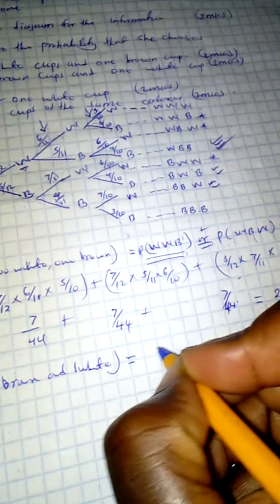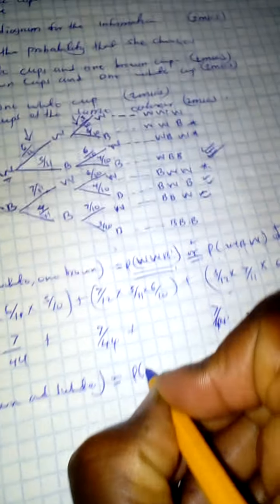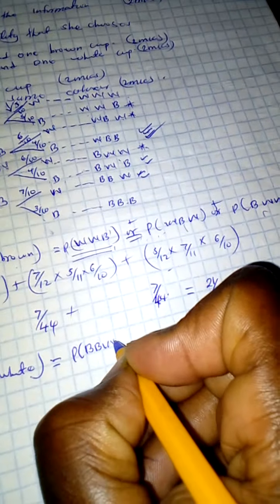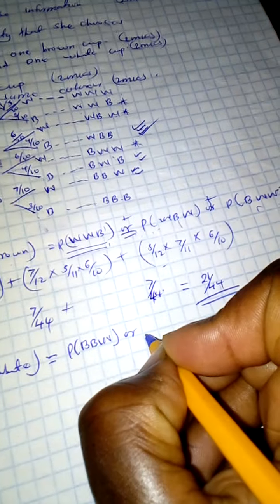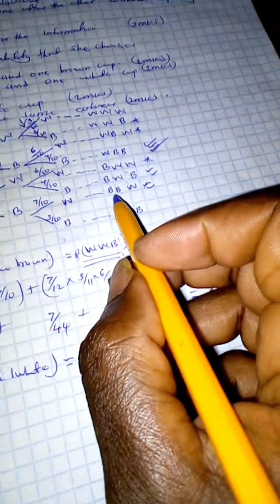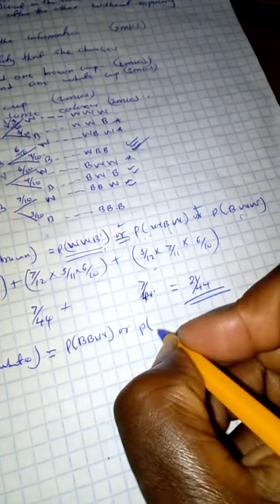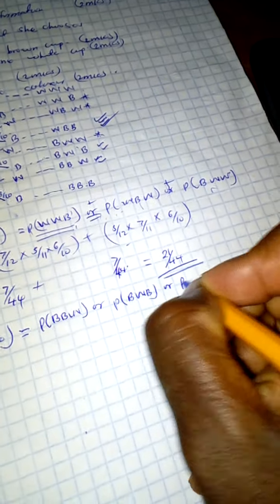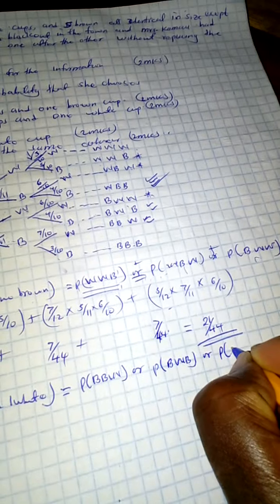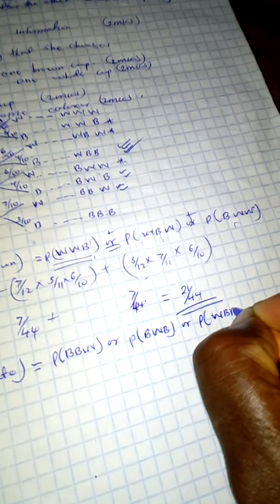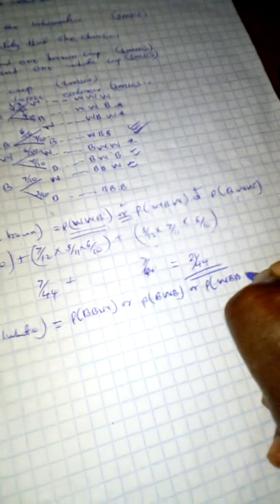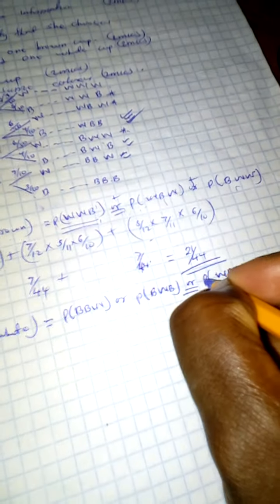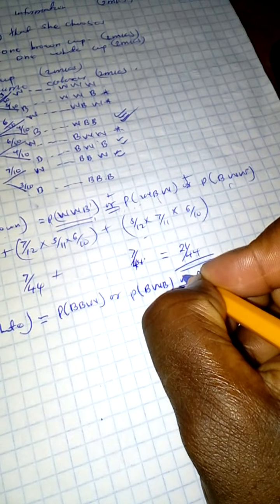is equal to the probability of BBW or BWB or WBB. Now, as I said long ago, 'or' represents a plus.